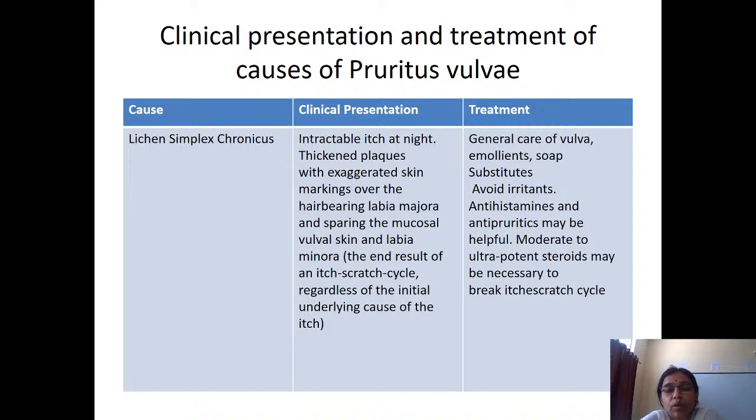So the treatment involves the general measures that we usually should take. Emollients should be avoided; instead, a soap substitute has to be in place, and we need to avoid the irritants. Antihistamines and antipruritic agents usually will be of help in this condition, apart from the usage of steroids.